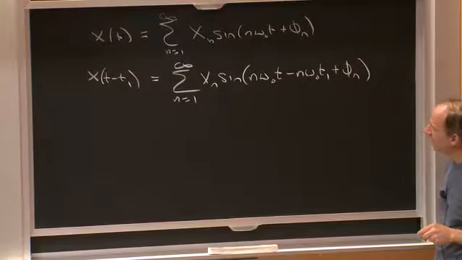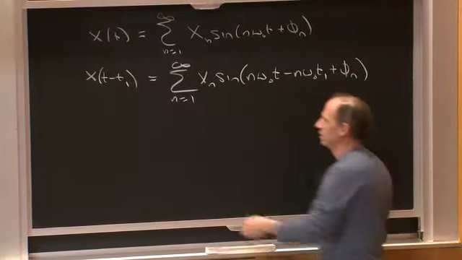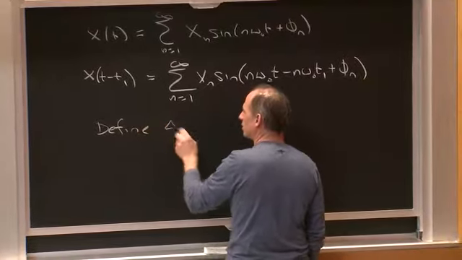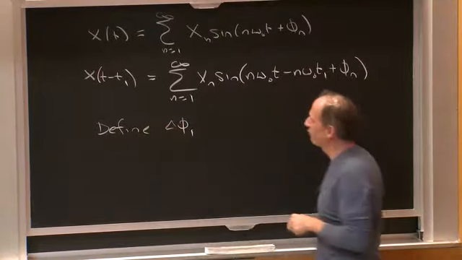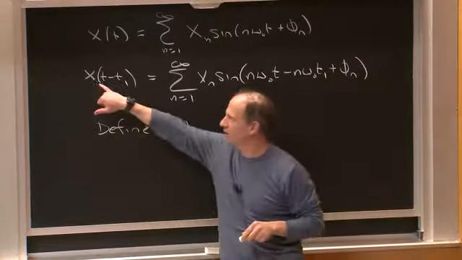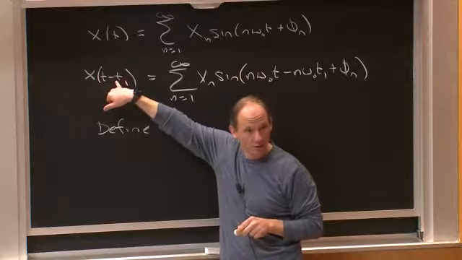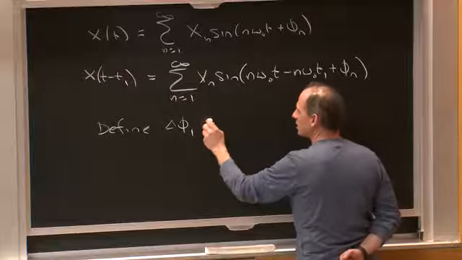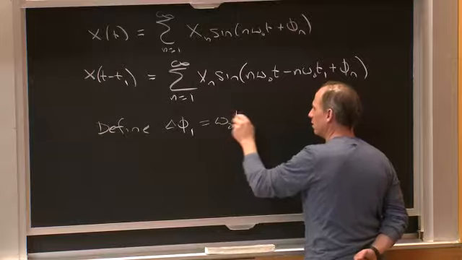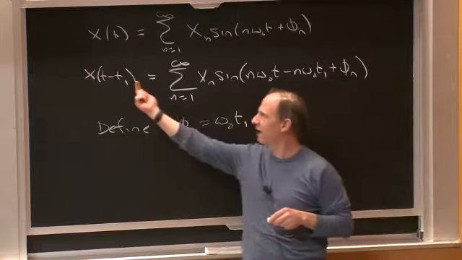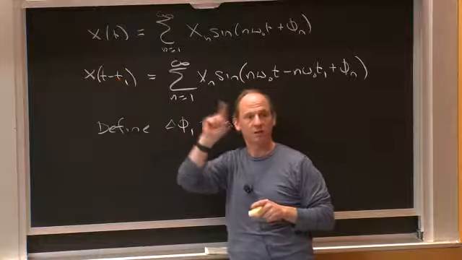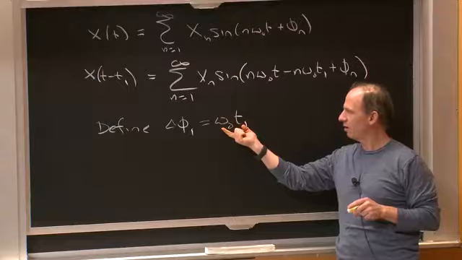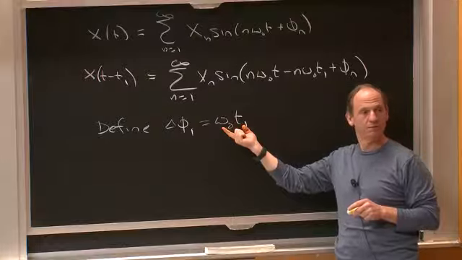So if I define some delta phi 1, the phase shift at the fundamental associated with this time shift T1, that would simply be omega naught T1. That is, if I'm shifting by a time T1, I'm shifting the fundamental by a phase omega naught T1.